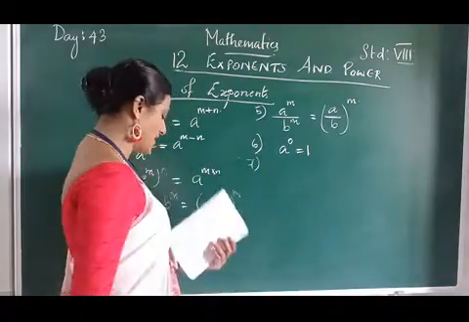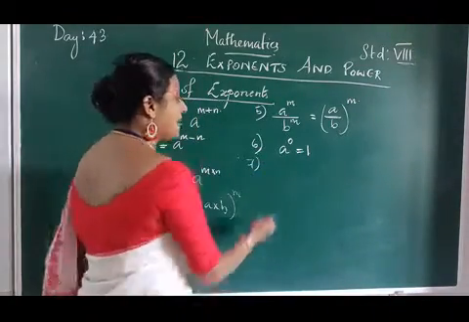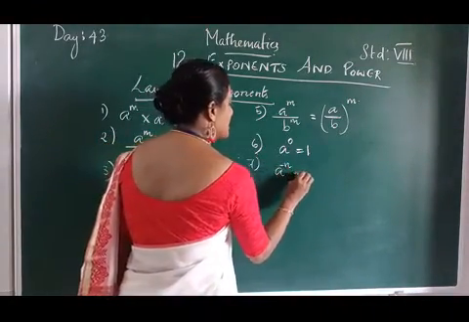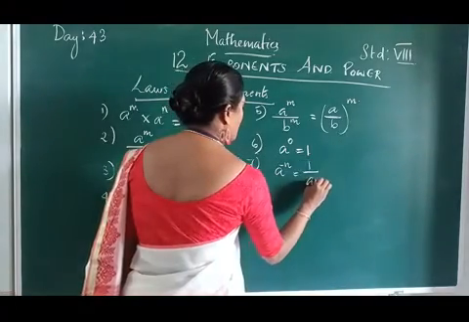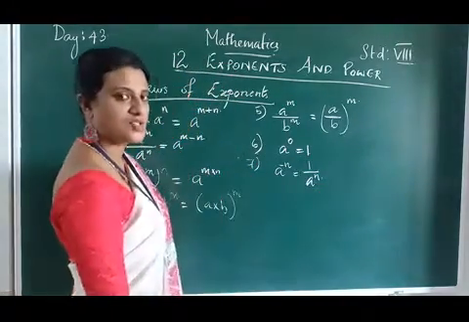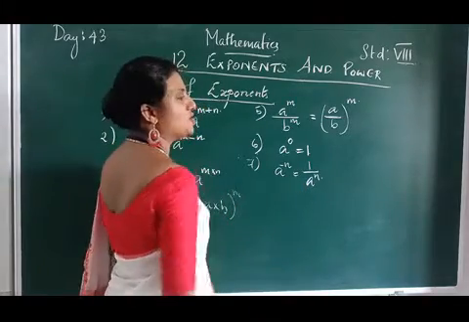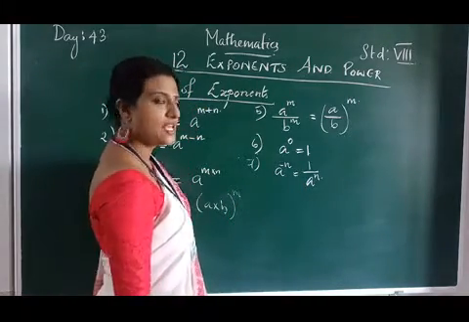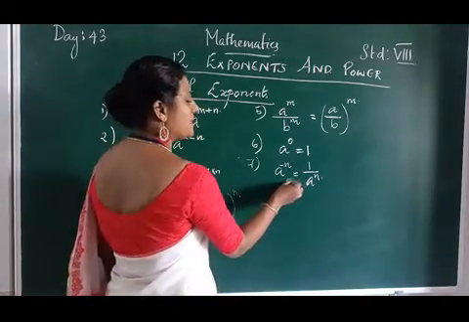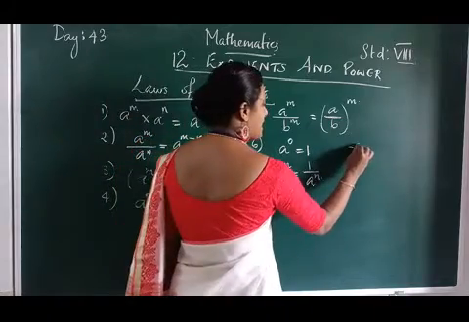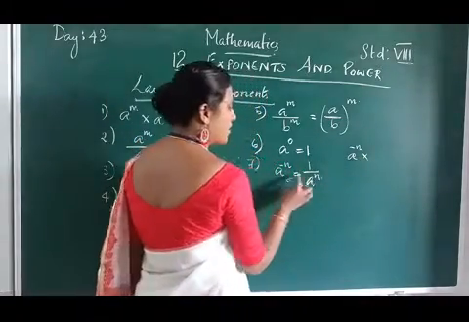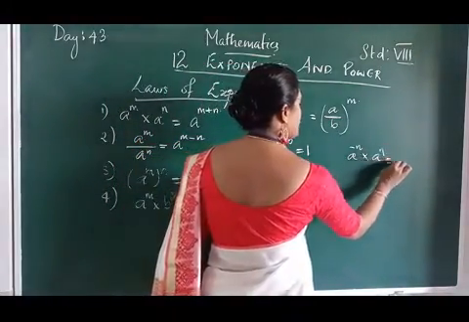Then the seventh one. A raised to minus n is equal to 1 by A raised to n. This is cross multiply. A raised to minus n into A raised to n is equal to 1.